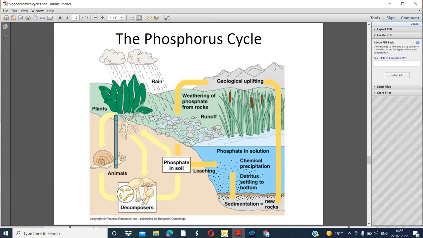It can be mixed with the sea water, from where aquatic animals can take up the phosphorus, and humans feed on aquatic animals and different animals. Larger animals feed on the smaller animals. In that way it is recycled.